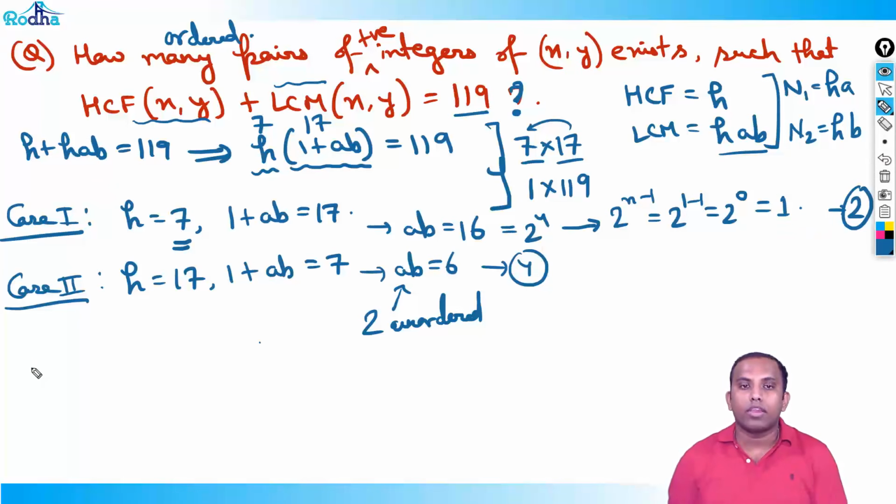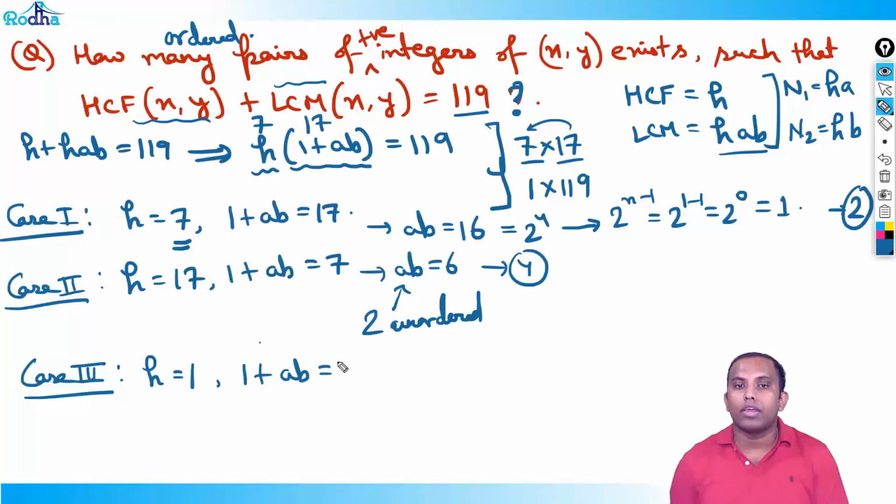Now case 3. When H is equal to 1, so 1 plus AB is equal to 119. In this case, AB is equal to 118. What is 118 now? Simply 59 into 2. So again, how many solutions?